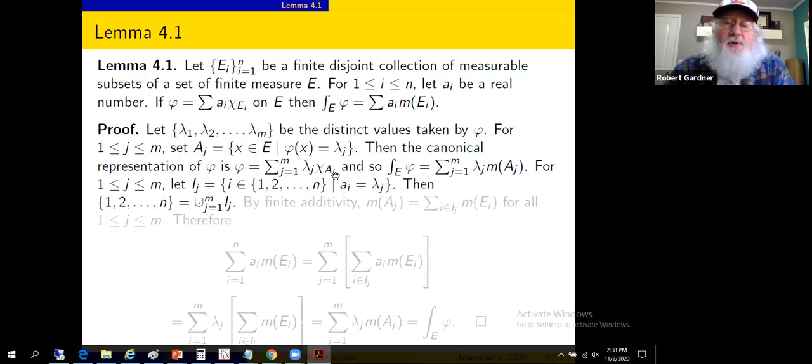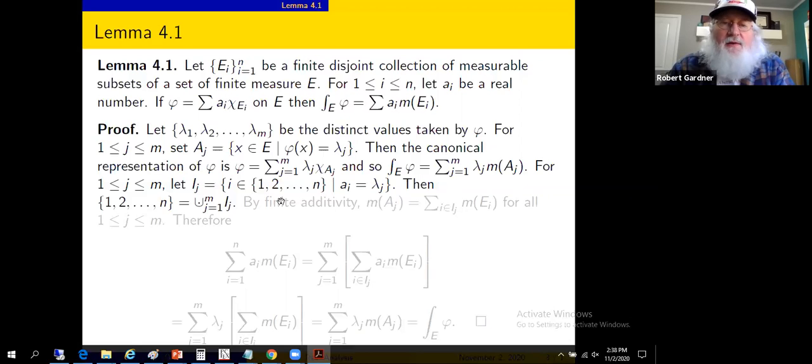That's a canonical representation. Well, if that's a canonical representation, then we can write the integral of that simple function phi in terms of that canonical representation, and here's what we get for the integral. Now, we need to show that is the same as what's given up here.